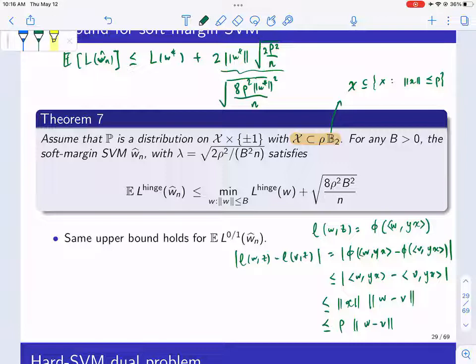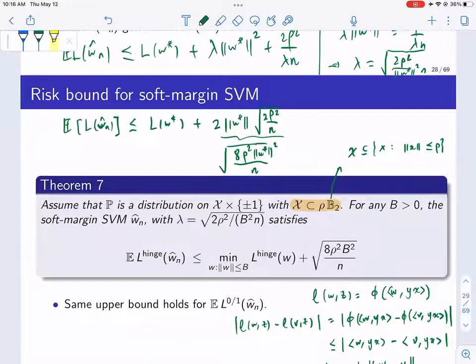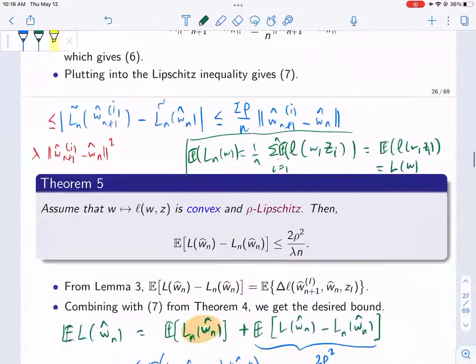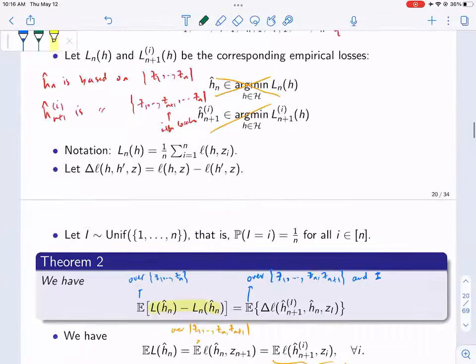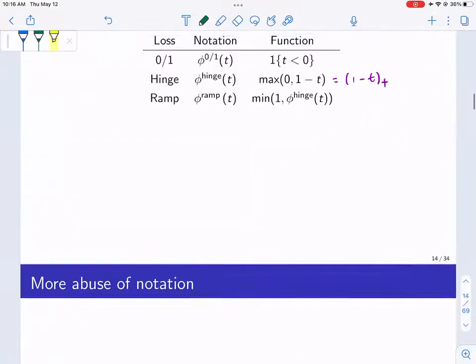This is comparing to the best, but the best here is not 0-1, it's hinge. So if you can assume that there is a hyperplane that separates the data, this is similar to the margin bound. If you recall, there are some similarities with this result that we had.